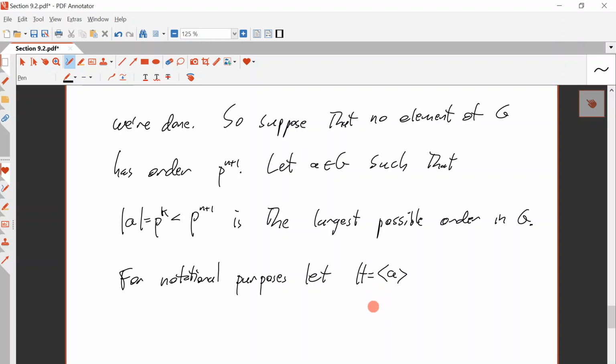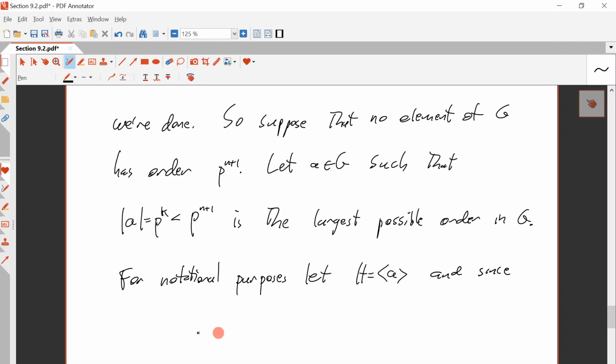We're going to be talking about cosets of H. It's easier to write the coset HX rather than the coset of the subgroup generated by A times X, since that looks kind of sloppy, so we'll just let H equal that subgroup.